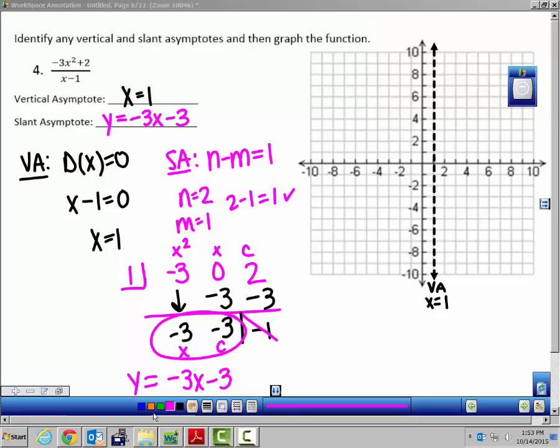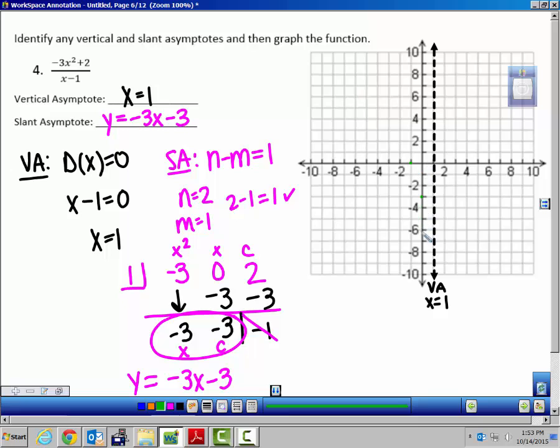So when you go to draw that, remember this is just a linear function. Your y-intercept is -3, so we'll start at -3, and your slope is -3. That means you have a rise 3, a run 1, but one of those movements has to be negative. So if you go up 3, you go left 1 to take care of the negative.